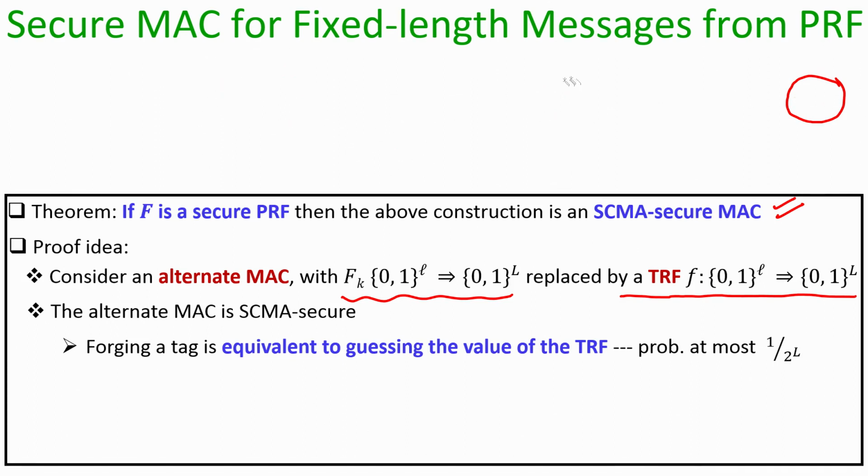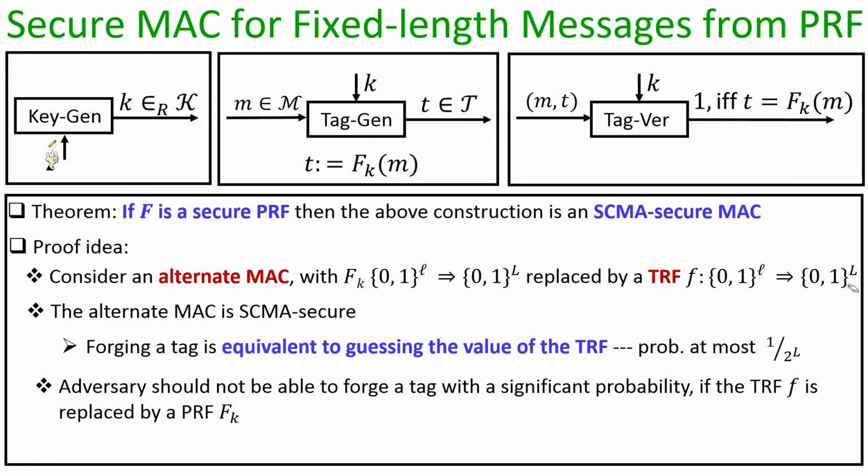Intuitively, the same should hold, namely the strong CMA security should hold even if we replace all the instances of the truly random function by a keyed pseudo random function where the key is not known to the attacker, because that is the security property of a secure pseudo random function.